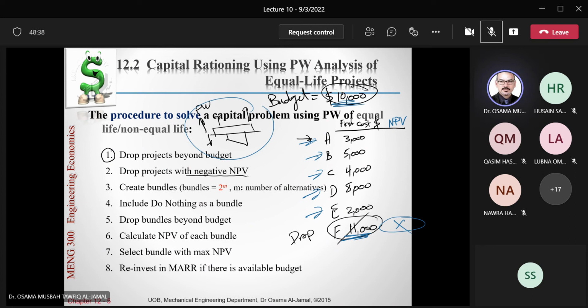Like what we did in chapter 2 and chapter 3 to find the present worth for each one of them. Say for example, the first one was 7,500. Second, of course, now it's positive, it has to be positive, 3,700. Then negative 10,000, let's make the number big.